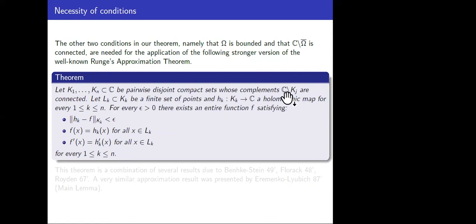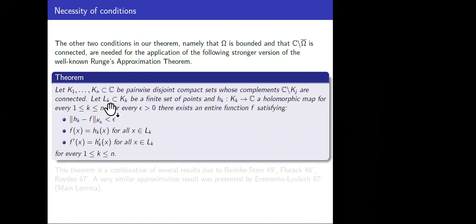So the first part, you can see this is the classical Runge theorem. We have, let's say, compact sets K1 to Kn, which are pairwise disjoint and whose complements are connected. So this is a classical Runge condition. In each of these compact sets, you can take finitely many points. And suppose you have holomorphic functions defined on these compact sets.